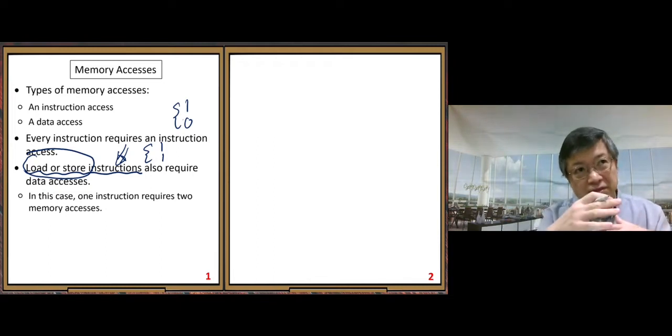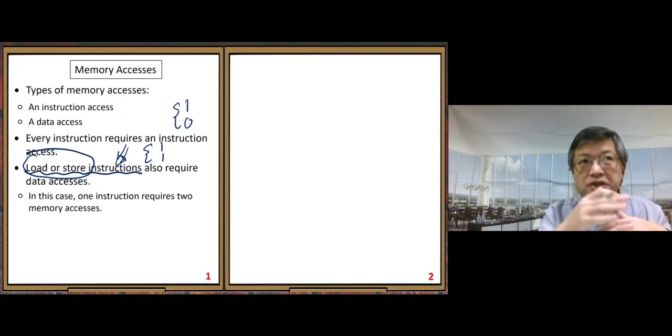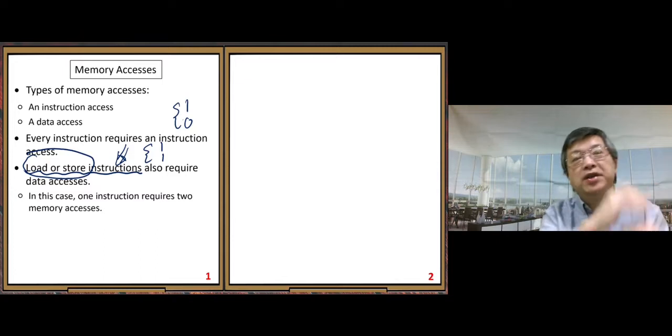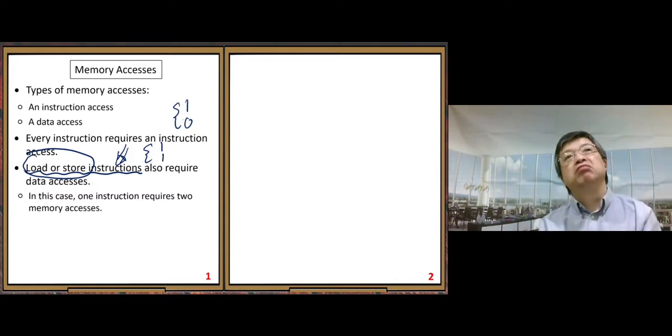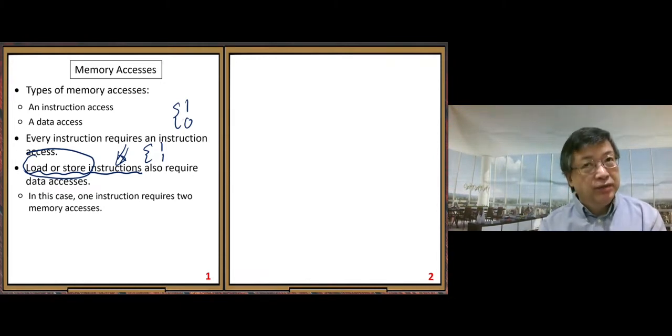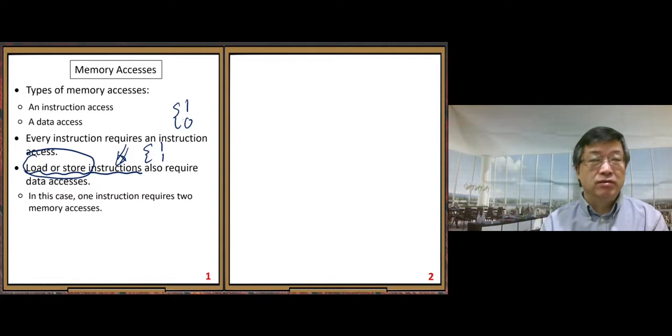They are different because these two types of accesses will be handled in different ways in the cache. So sometimes we need to separate them, sometimes we do not. We will discuss those details further later.